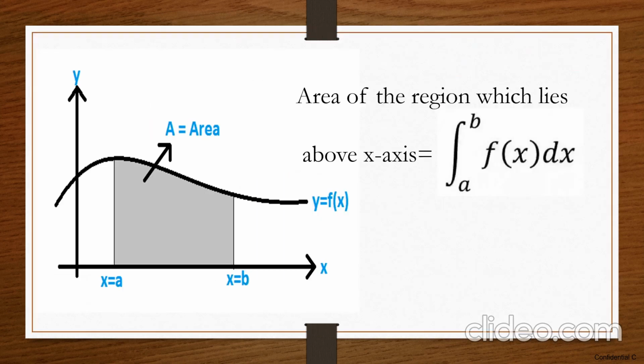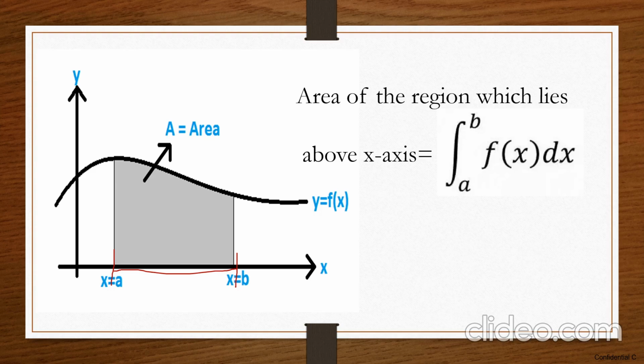When you have a curve which lies above the x-axis, and you need to find the area of the region bounded by x equal to a and x equal to b, and also bounded by the x-axis, you will have a diagram like this. You need to use the formula integral of a to b f of x dx.